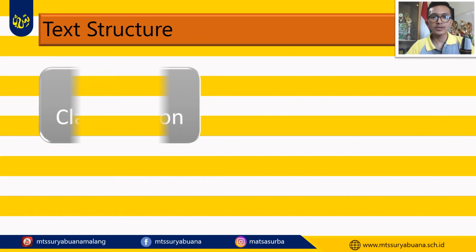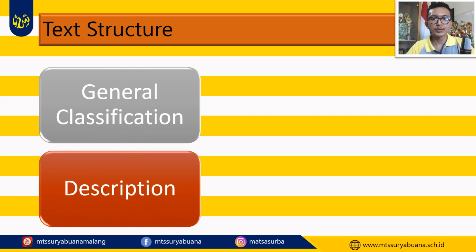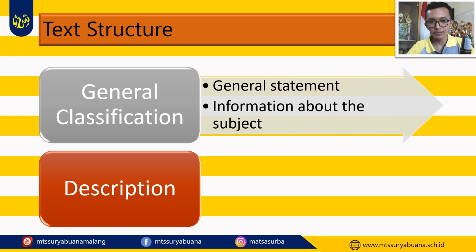And then about text structure. There are two parts in this report text. The first one is general classification and the second one is description. What is written in general classification? The first part is a general statement and information about the subject, so the information is still general.